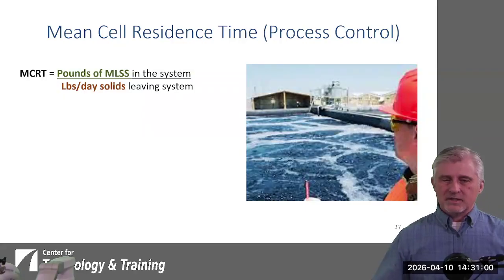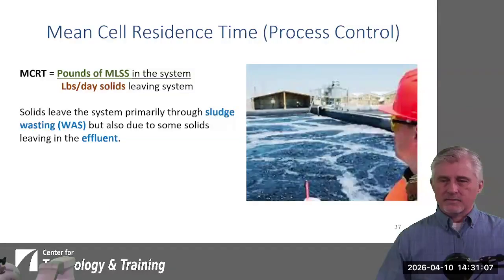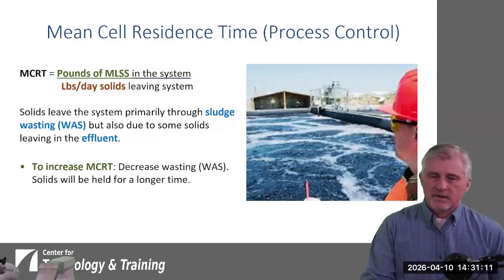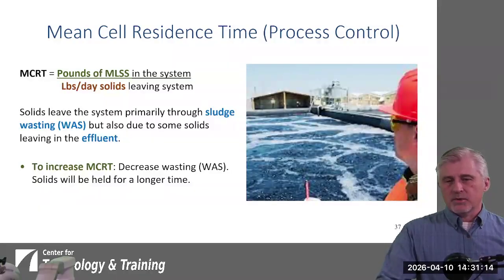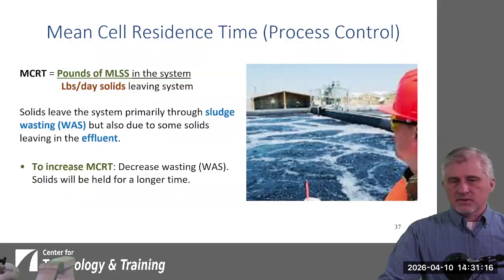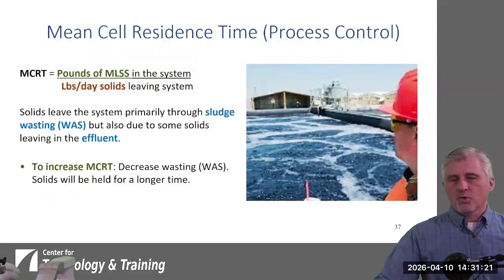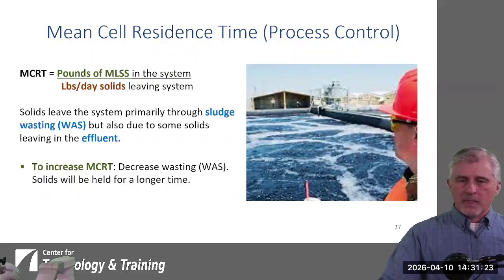It's pretty difficult to avoid that happening. So if we want to increase the mean cell residence time, we decrease how much we're wasting, and that means that our solids are going to be held longer. Fewer of them are leaving, more of them get returned. If we want to decrease it, we're going to increase how much we waste, and that means that our solids are going to stay in the system for a shorter amount of time.